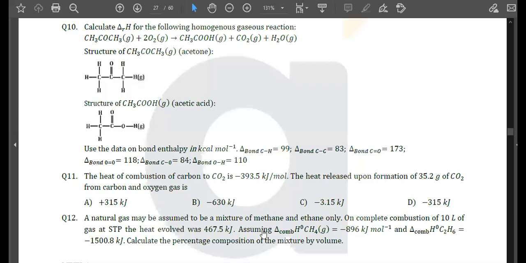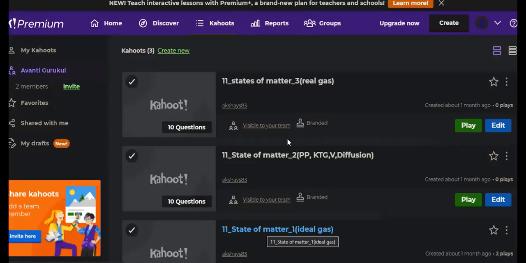Now, we have done only one, right? Ideal gas. Yeah, screen is shared now. Have we done this states of matter? Okay, yeah, it's fine. Got it. Real gas we haven't solved now. Okay.